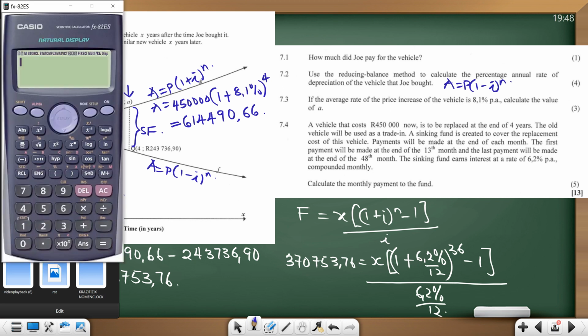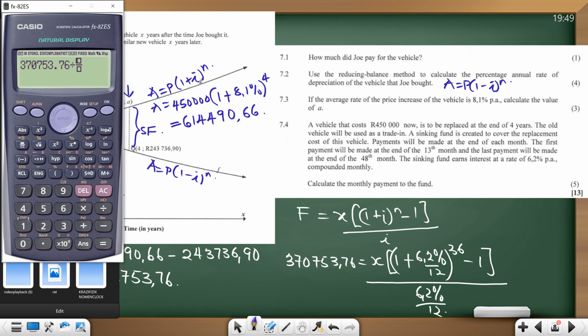There's no need to do any extra work from here. 370,753.76 divided by. Type that whole thing there. That makes sense. Instead, some people do the bracket first, and no, you are wasting time. You don't have time in an exam. Just do this.